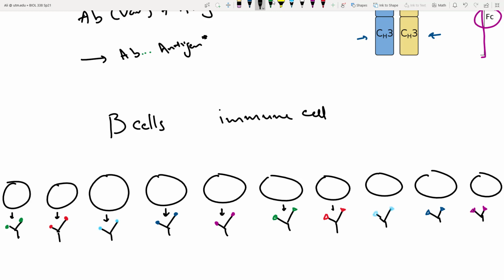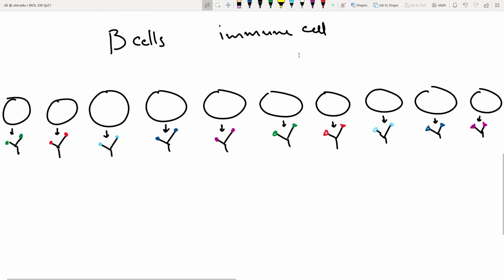And this is because during development, these B cells will go through a process of recombination in a very specific region in their genome where the variable regions are coded, and you get these very unique combinations. Now, each of these antibodies will bind to a specific antigen.